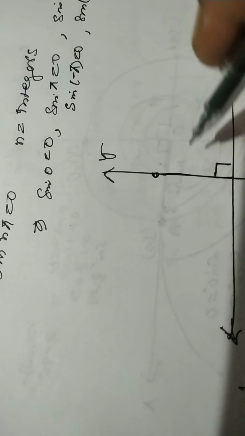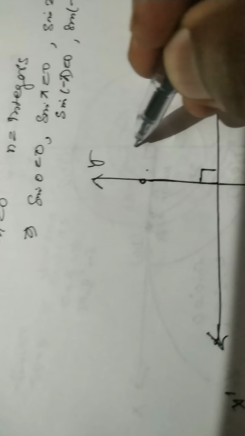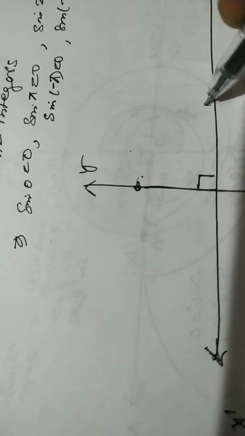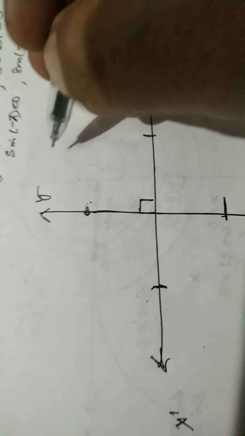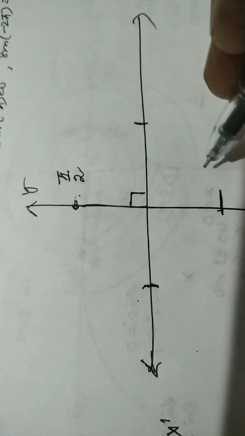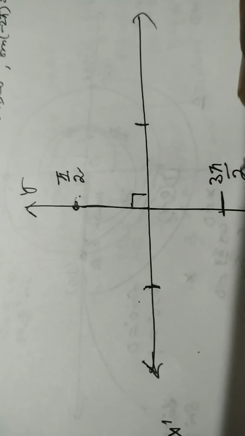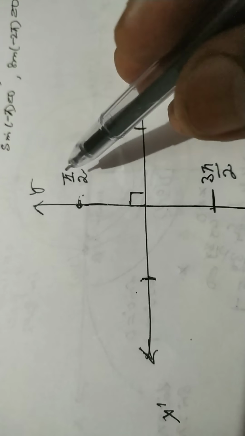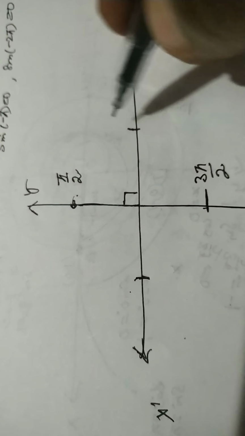This is the unit circle, with 1 unit in each direction. First, cos is 0 at π/2, then cos is 0 at 3π/2.